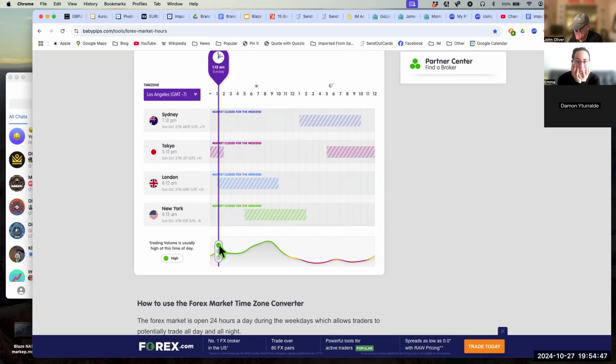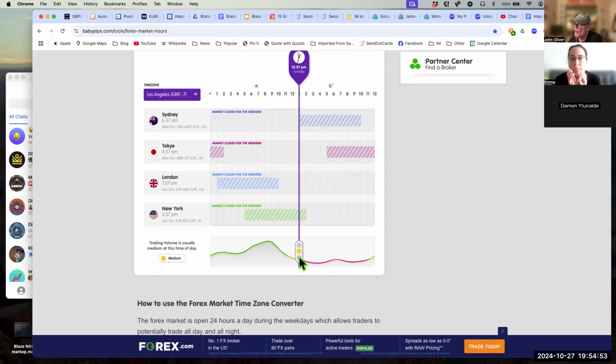And then that will stay green all the way until pretty much the end of New York. So it does slow down a bit, turns yellow around there. It'll stay green up till about 12 o'clock.